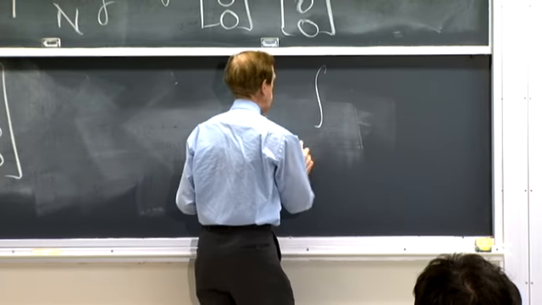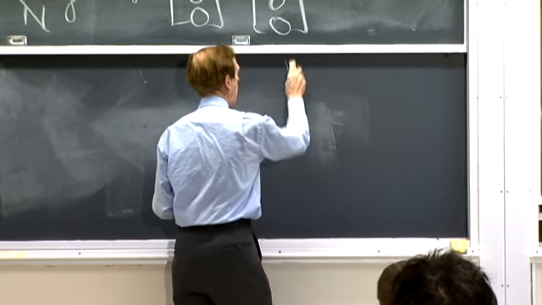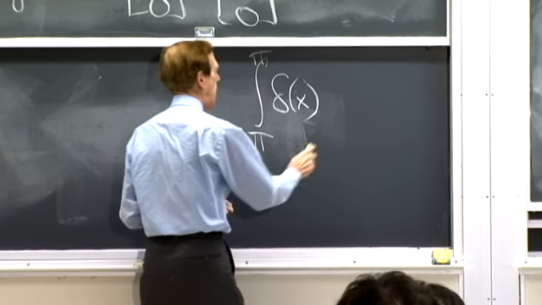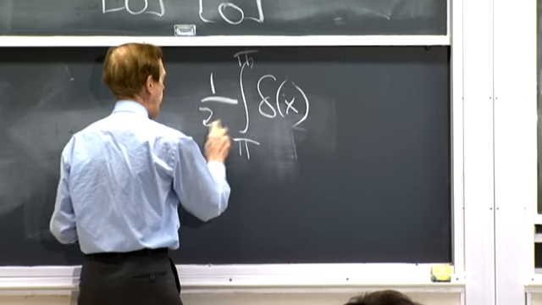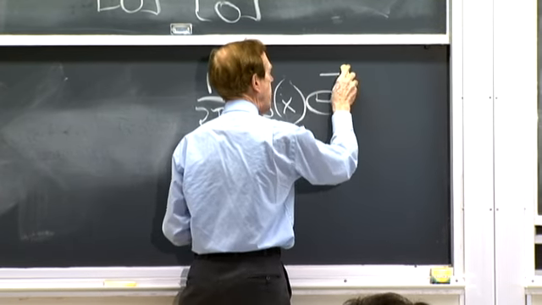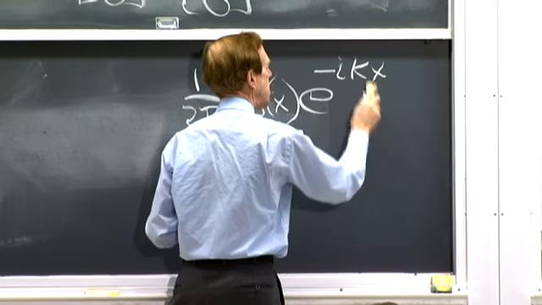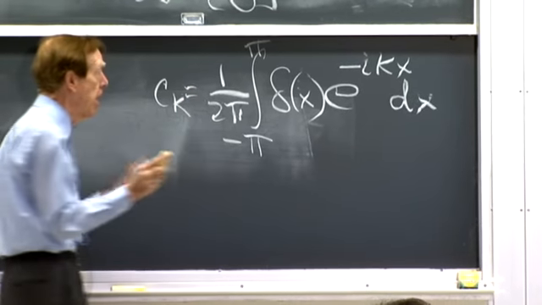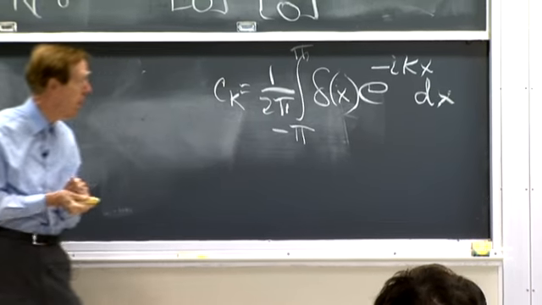We took the integral from minus pi to pi of our function, which was delta of x, and then we had to remember to divide by 2 pi, and you remember the coefficients are multiplied by e to the minus ikx. This is c_k in the periodic, 2 pi periodic case.